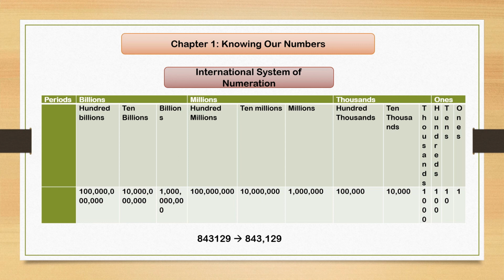Like the Indian system of numeration, we separate the periods using commas in the international system as well. Under International System of Numeration, a comma is placed after three digits starting from the right.